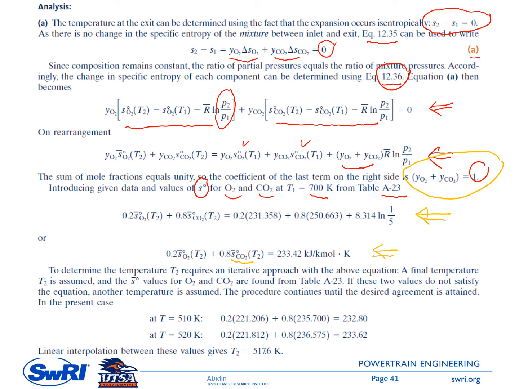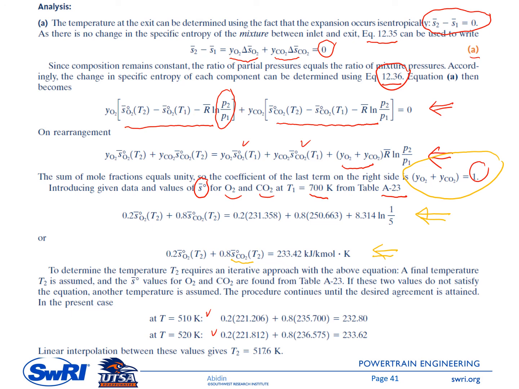So in this example, it takes first temperature of 510 Kelvin, and then the second one is 520 Kelvin.